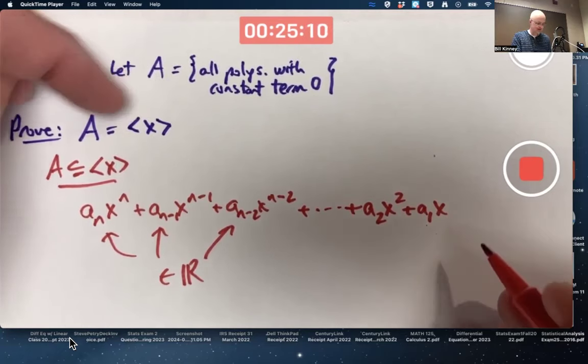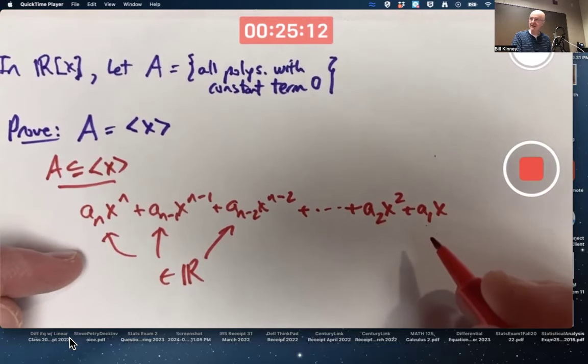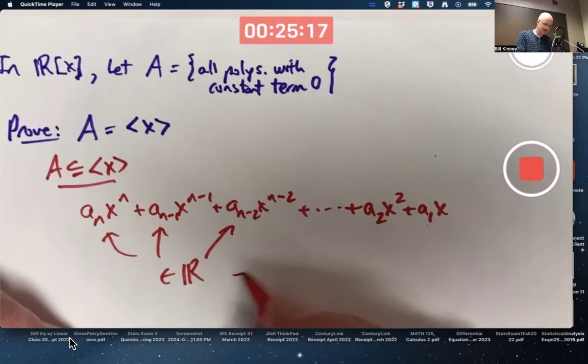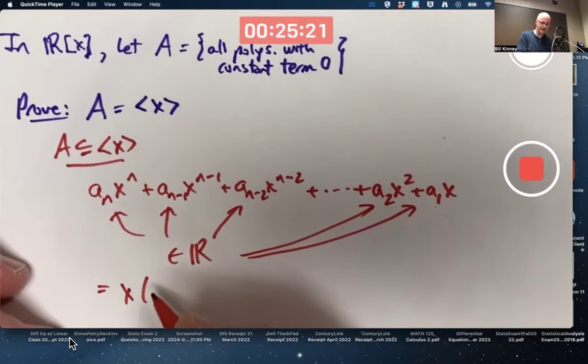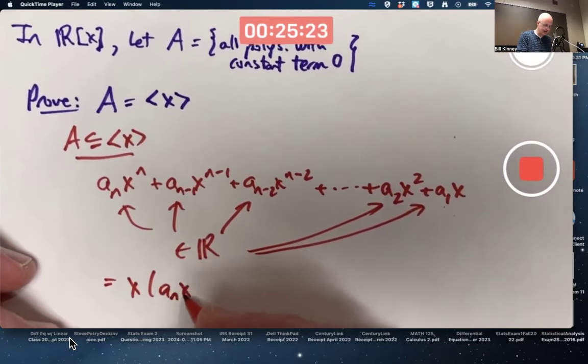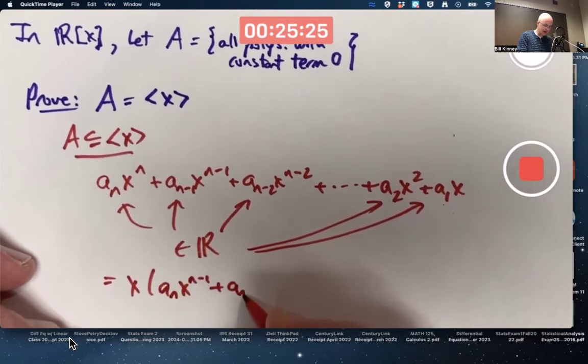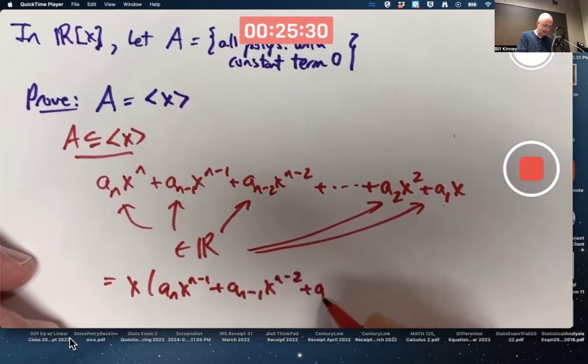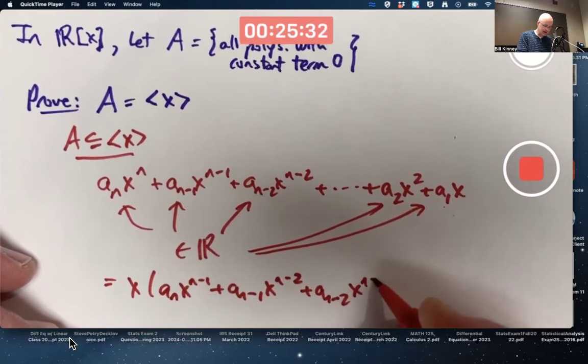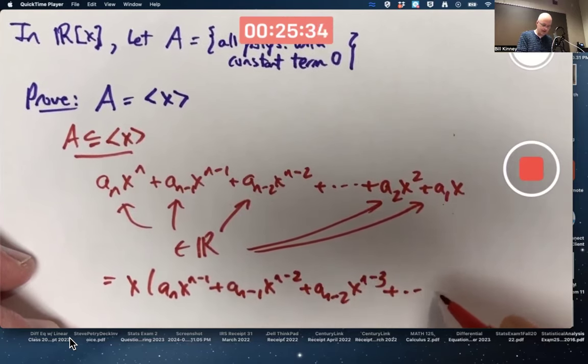In other words, I've got to write this as something times x. Factor out the x. These continue to be real numbers. This is x times a_n x^{n-1} plus a_{n-1} x^{n-2} plus a_{n-2} x^{n-3}, etc., through a_2 x plus a_1.